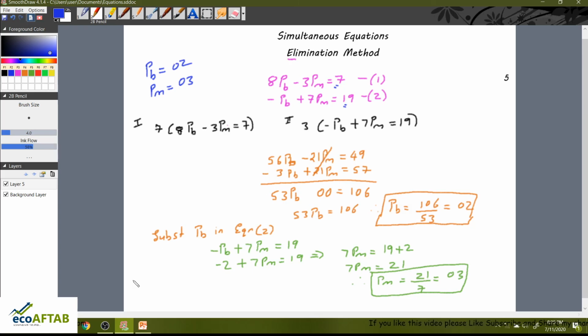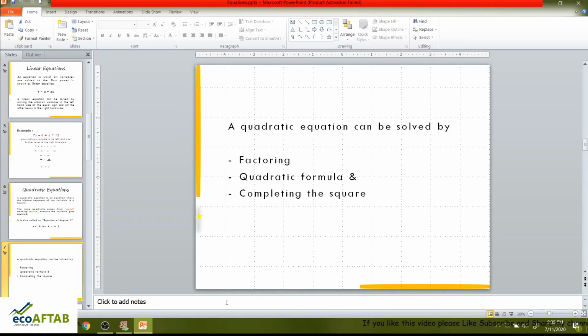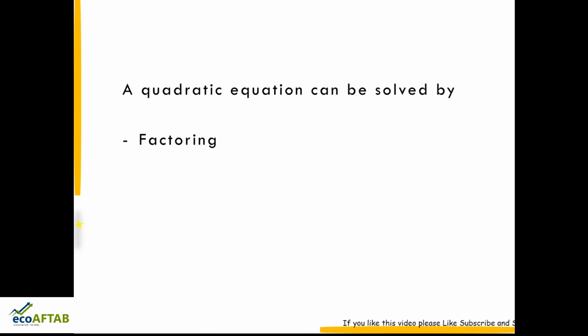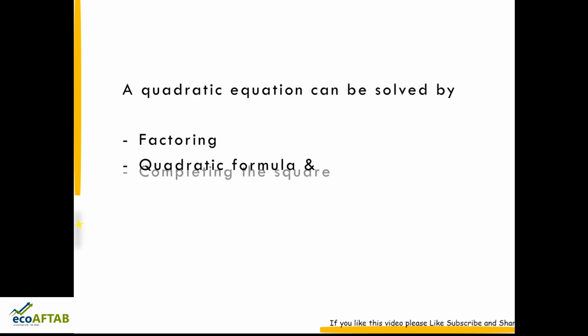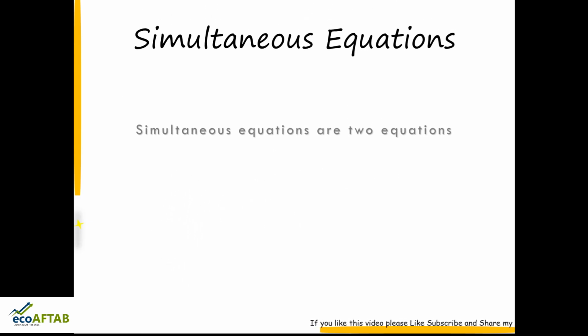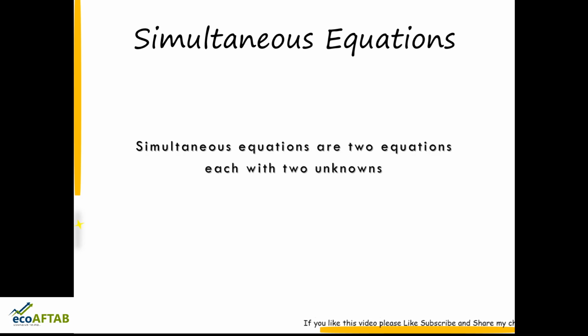Going back to the slides. As I had told you all, quadratic equations can be solved by factoring, quadratic formula and completing the square. Similarly, when we are solving simultaneous equations, we understood what simultaneous equations are: two equations with two unknowns.